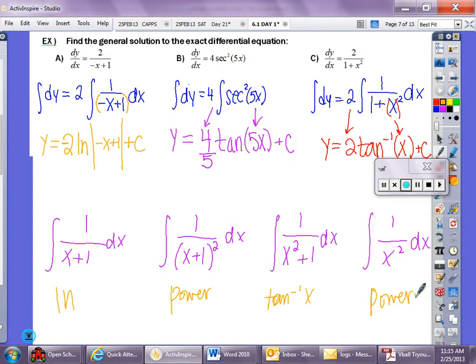So I'm going to give you the reason why that first one is ln. So the way that ln works is if your whole entire denominator is to a power of specifically 1 and that the inside has to be linear, as Nathan said, the derivative of the inside has to be 1. Okay, that's how you know right now that it's an ln problem.